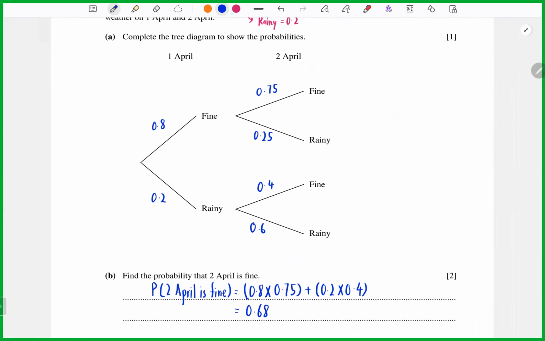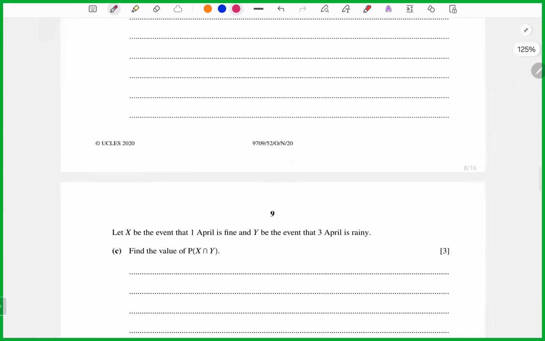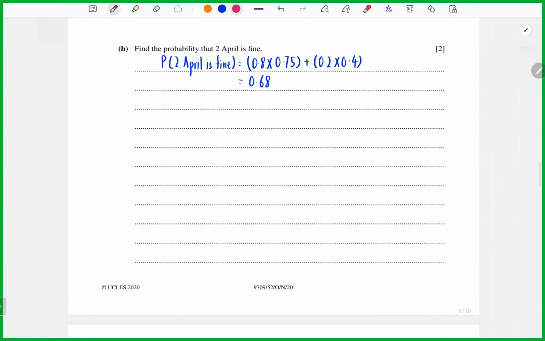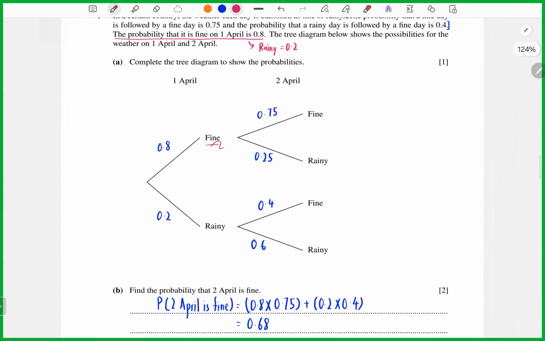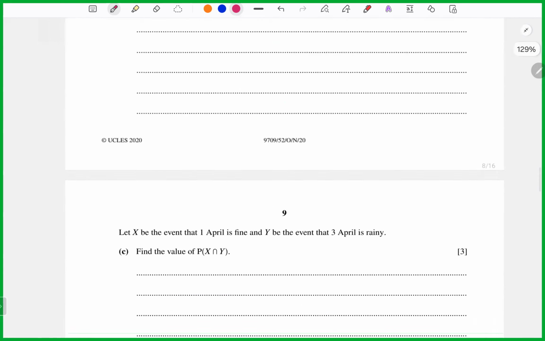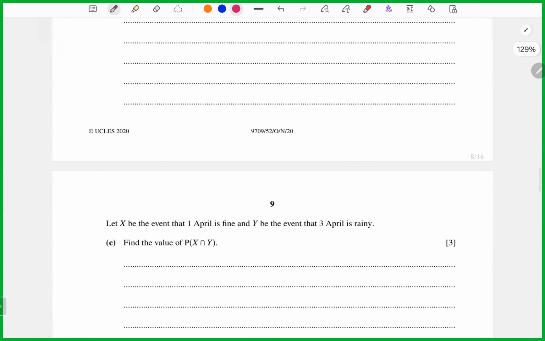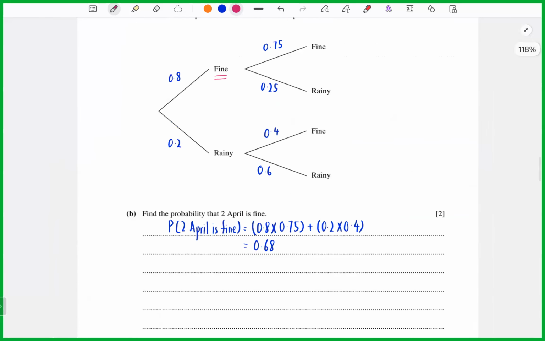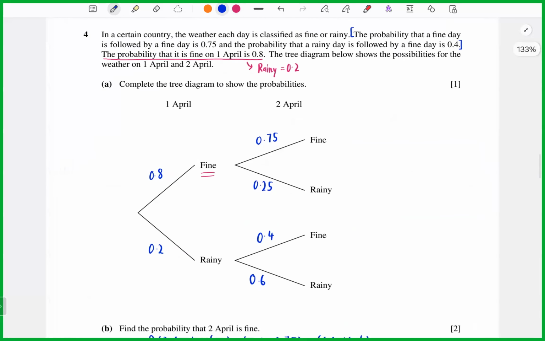The question says event X is fine, so we will focus on this part. And then the question says 3 April is a rainy day, right? So you can write here: fine, rainy day.